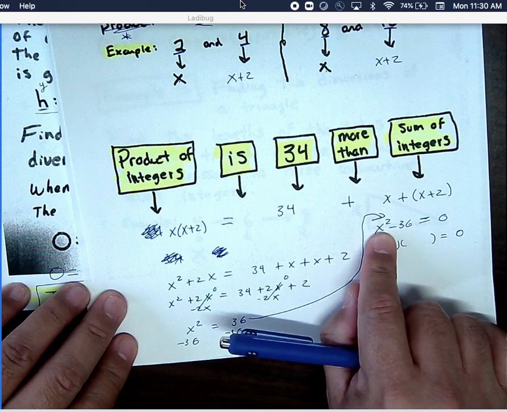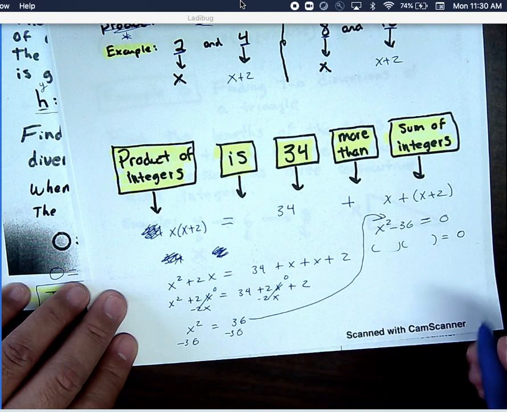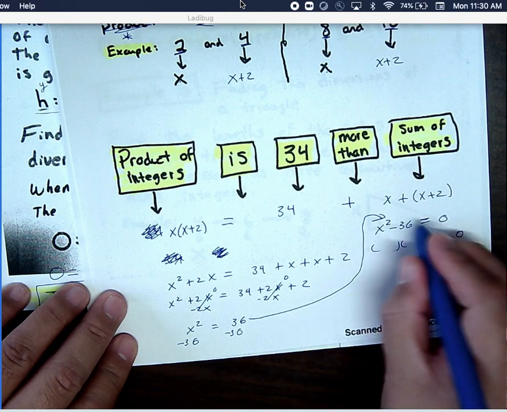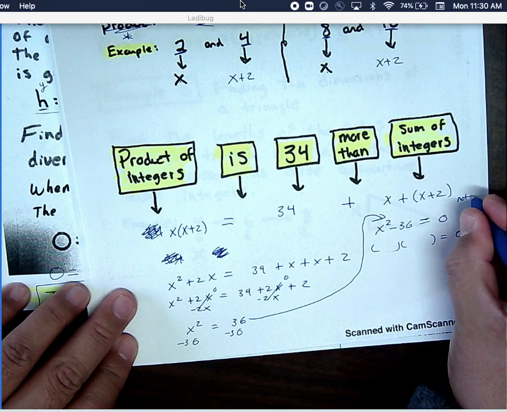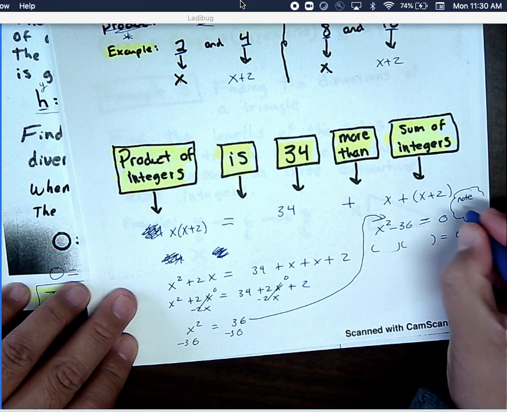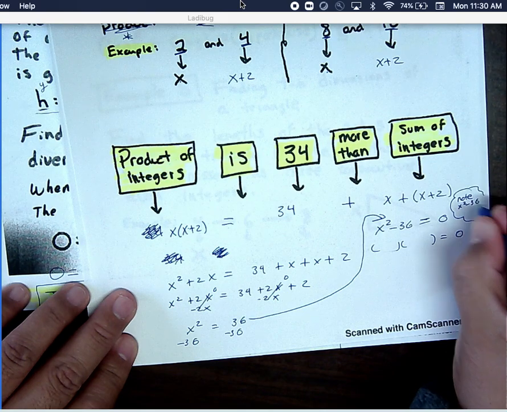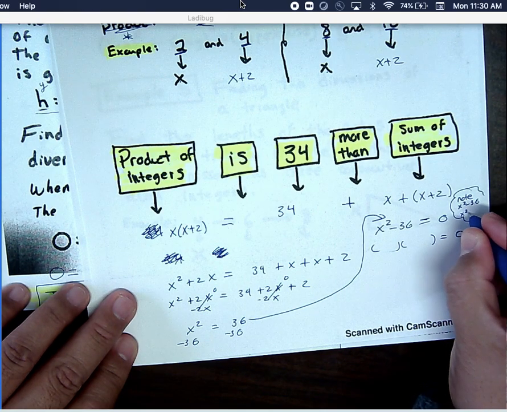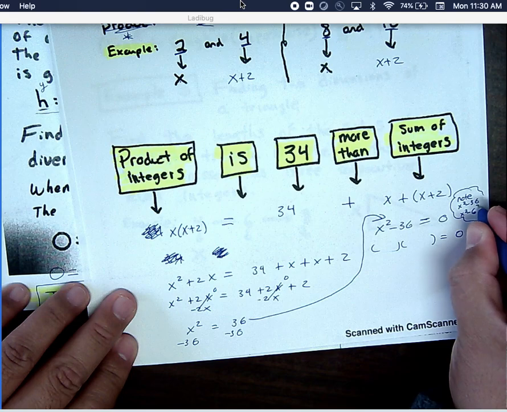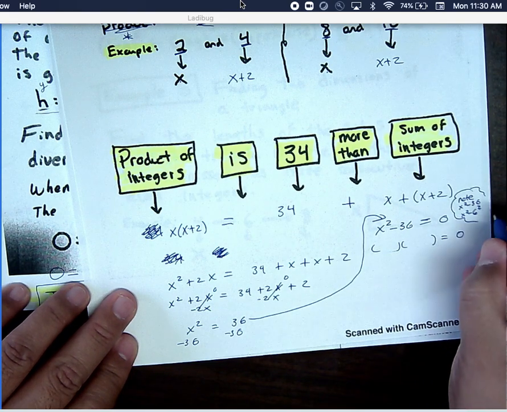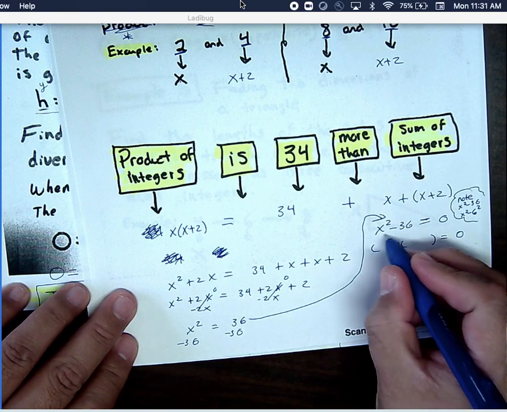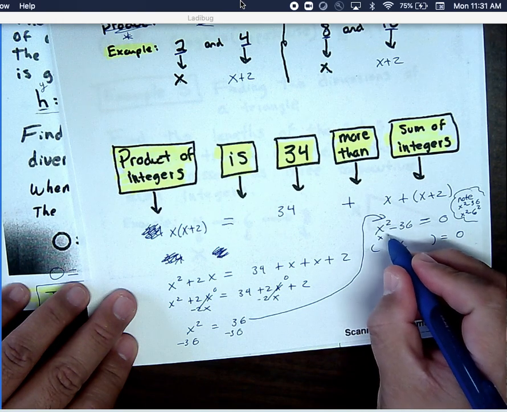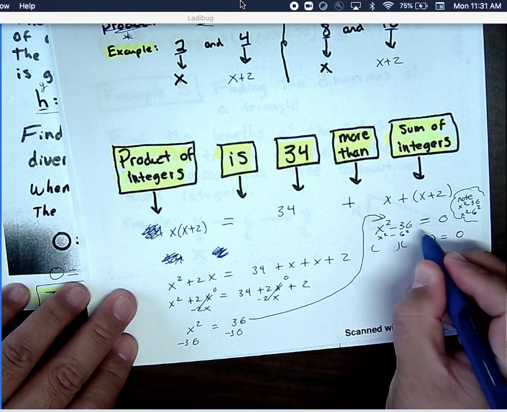Again, this is a difference of squares. So x squared minus 36 can be expressed as x squared minus 6 squared, since 6 squared is 36. X squared minus 6 squared equals 0.